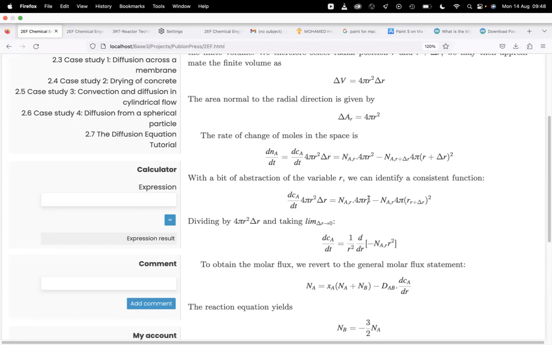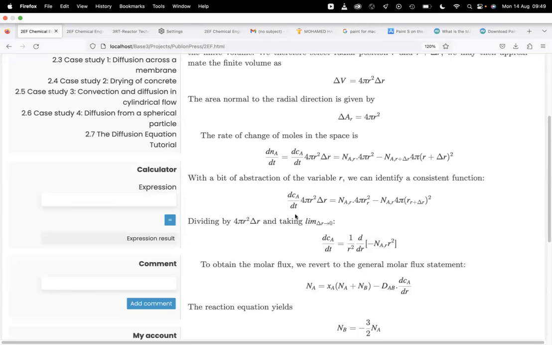This is also just an R, but it's a different R. We abstract it that way just to emphasize that we have NA times R squared and NA times R squared. So that's effectively the function.